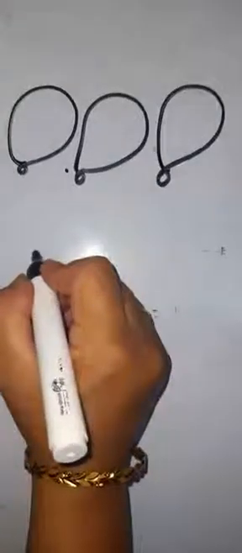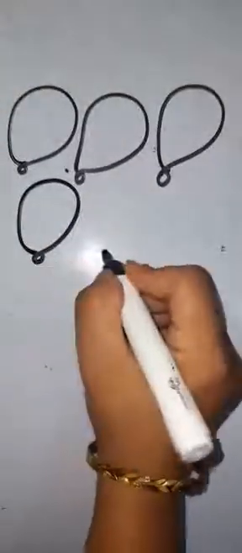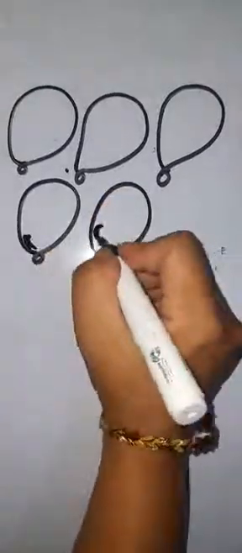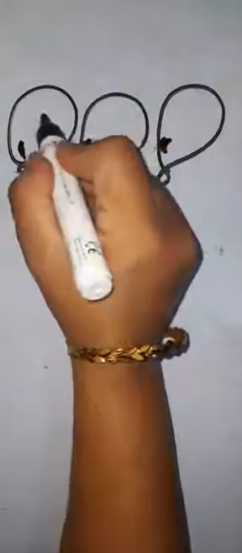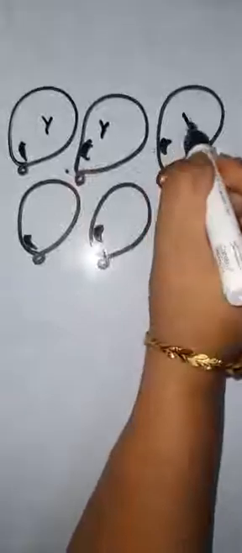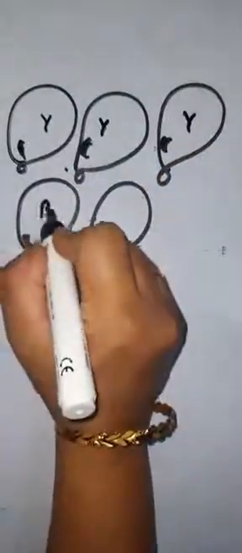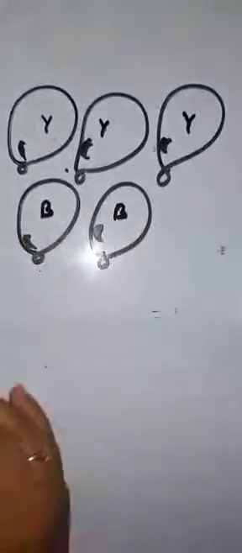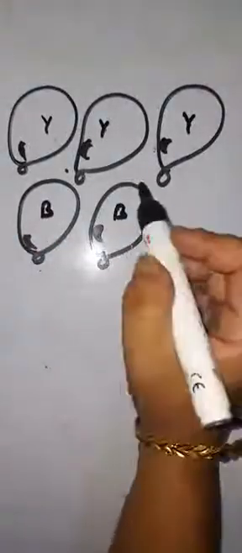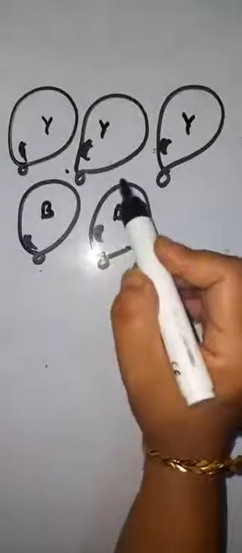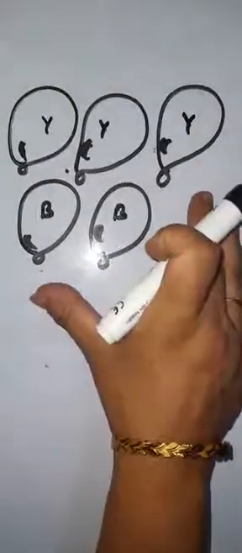Okay, so these are some balloons and 3 balloons are yellow, so I am writing Y, denoting it by Y, and 3 are blue. Sorry, 2 are blue. All right, children. So I have taken here 5 balloons.